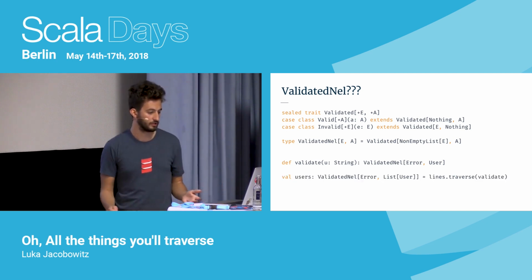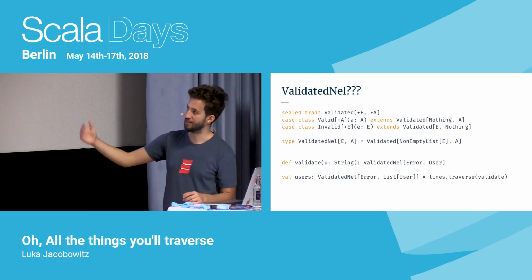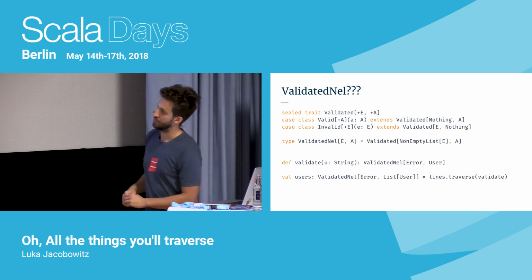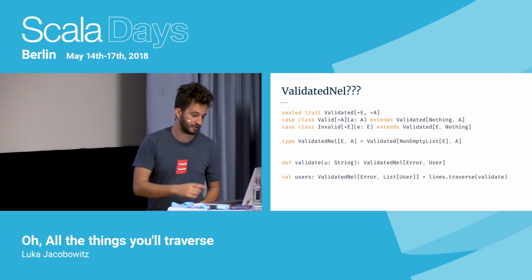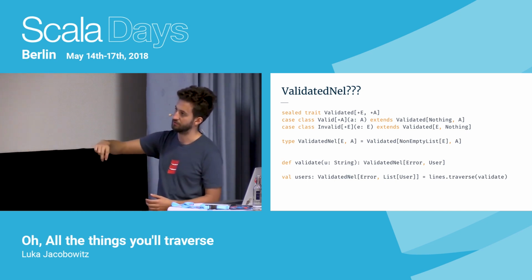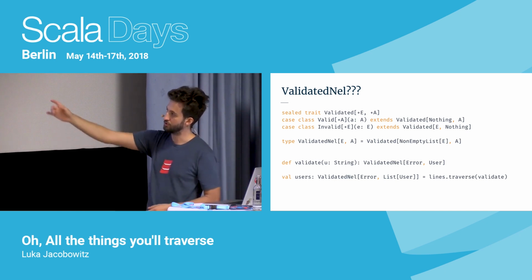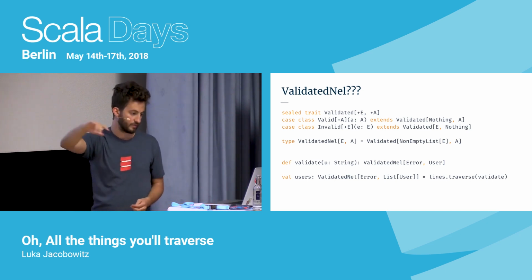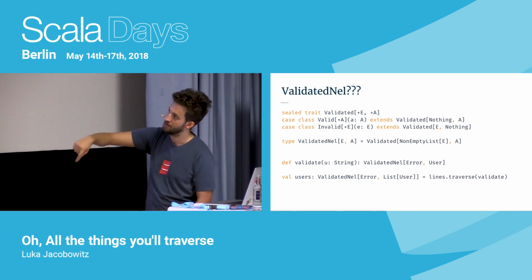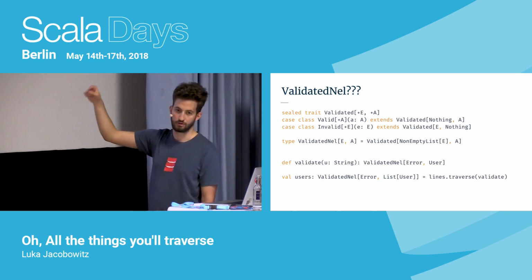And now what we can do is, if we have a bunch of lines that we want to parse as users, we can do this using traverse. Very simply speaking, this lines variable is basically a list of strings, and now we call traverse using this validate function. If we were just to call map first, we would get a list of validated NEL of error or user.